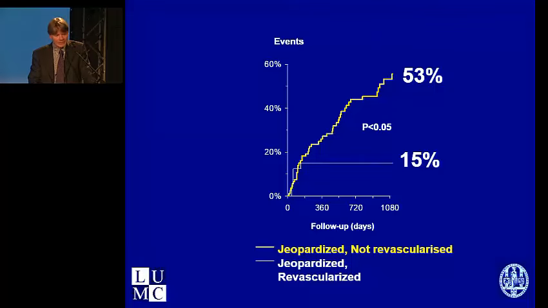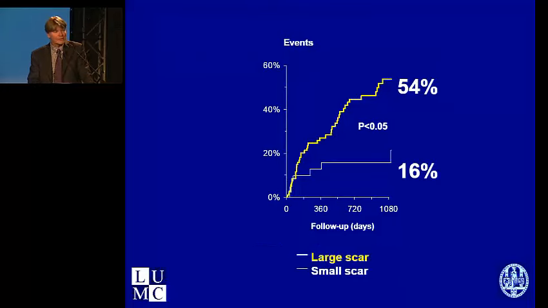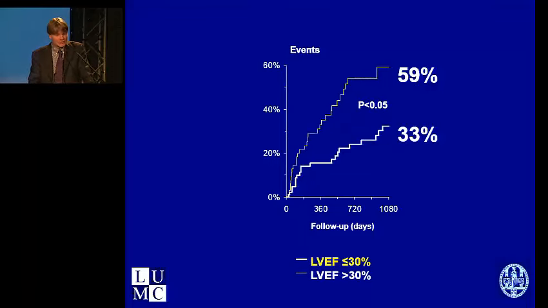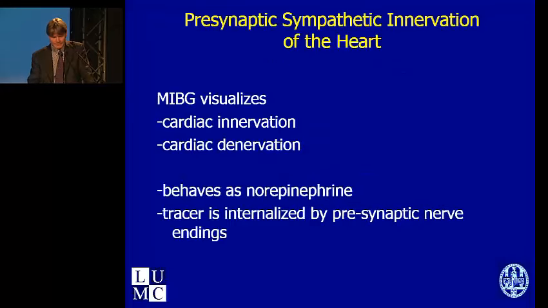Jeopardized, not revascularized myocardium was a strong predictor of the events, as we would have expected. A large scar in yellow was also a strong predictor of these events. The bigger the scar is, the more the likelihood is that you get an event. And of course, the ejection fraction, again in yellow, 59%, also reflects the extent of scar tissue. So we found these different phenomena that were related to these patients presenting with an aborted sudden death.